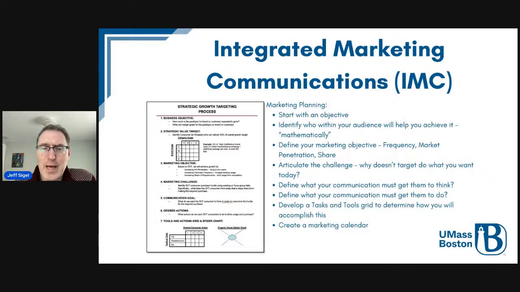And how do I make sure that that message is delivered in a way that is consistent, recognizing that consumers will be seeing my message in multiple places, but I can't control the order in which they see those? So that's where this idea of integrated marketing communications comes from: how do I make everything consistent? How do I make it so that all of the marketing that's happening tells a common message?